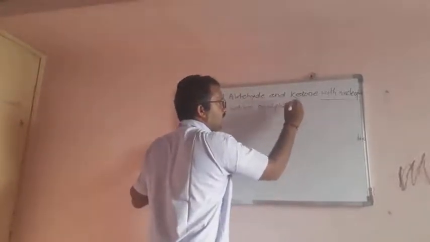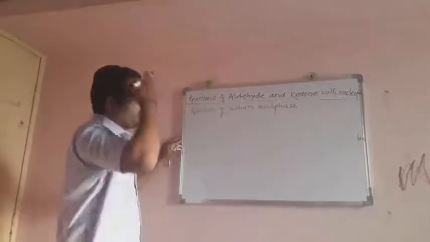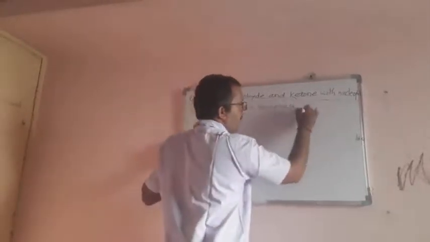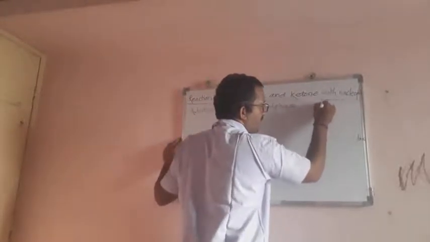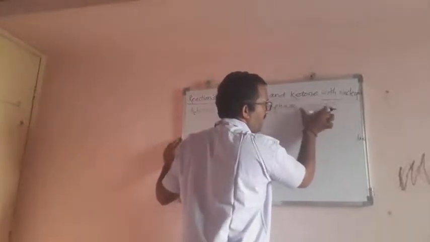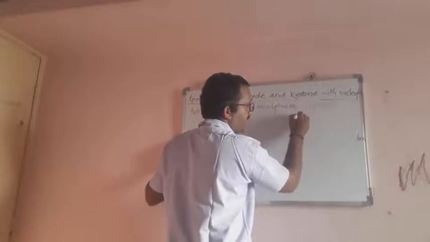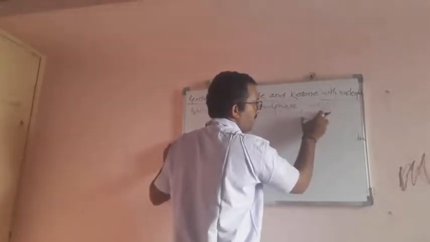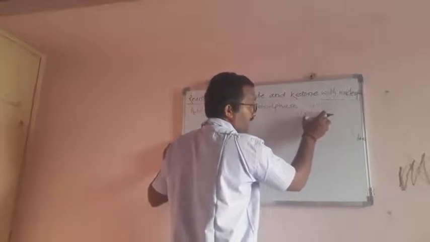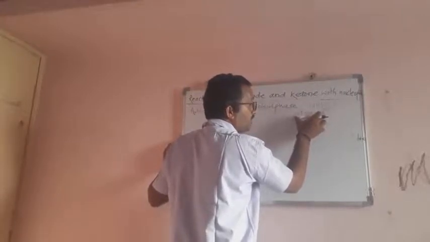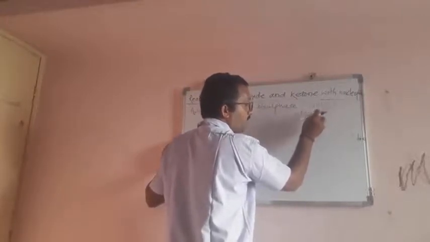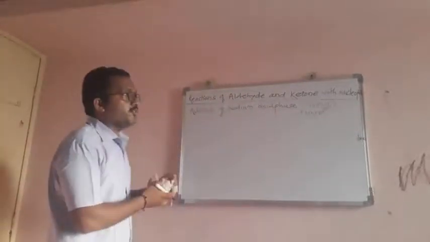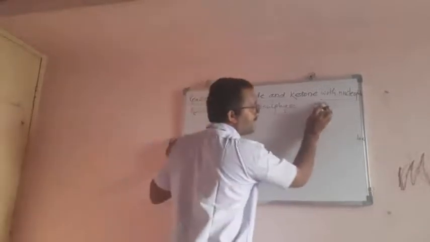It is also an addition reaction towards aldehydes and ketones. Sodium bisulfite is NaHSO3, which gives H plus and SO3Na minus. This is one of the salts, and out of this, the SO3 attacks the carbonyl carbon of aldehydes and ketones.